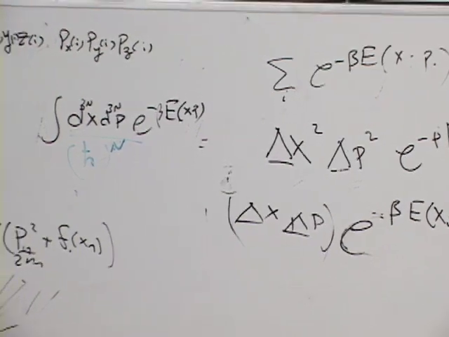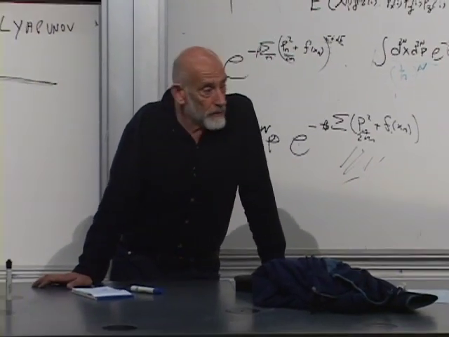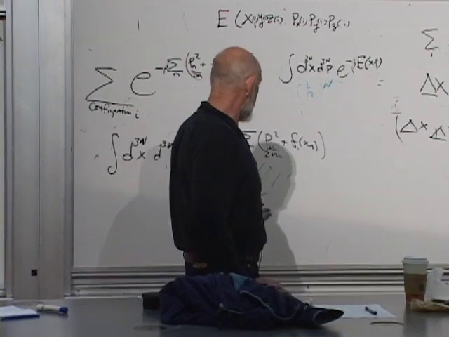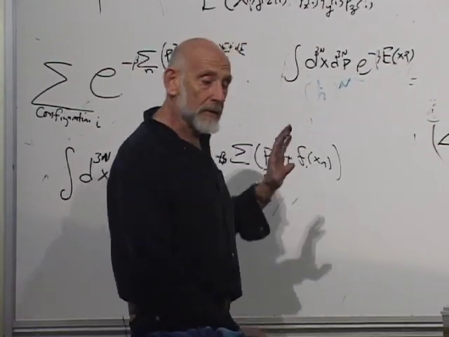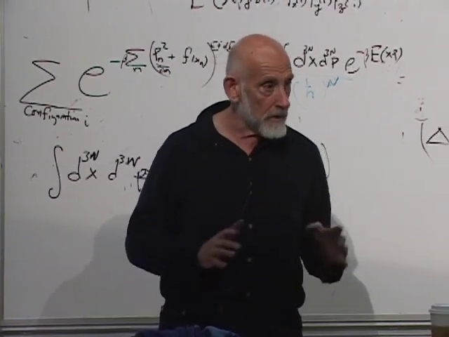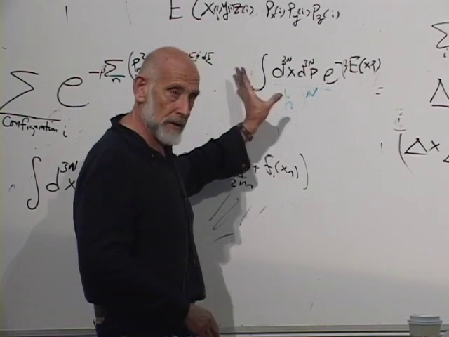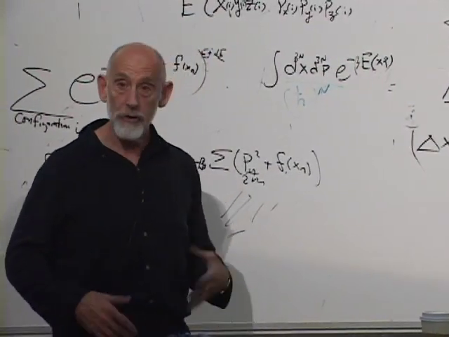But wouldn't you need to factor in the uncertainty principle? In real quantum mechanics, this thing does matter. But in the classical limit of quantum mechanics, this just factors out as an overall multiplicative factor in the partition function, approximately.